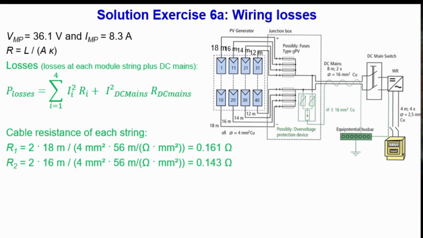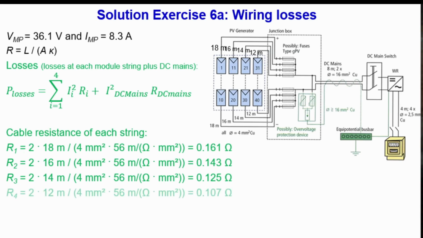For the next a bit less, because the distance is a bit less. We have 16 meters only, and the resulting resistance is 0.143 ohms. The next is only 14 meters away, and the according resistance is 0.125 ohms. The last is at 12 meters distance only, and it has a resistance of 0.107 ohms.